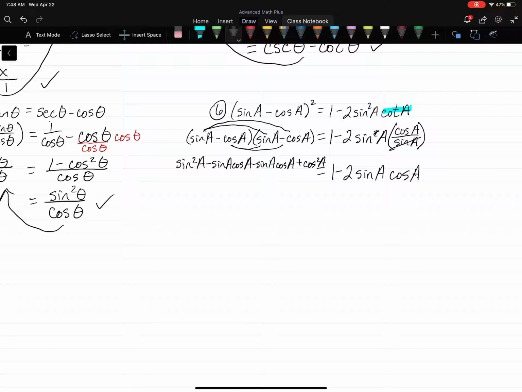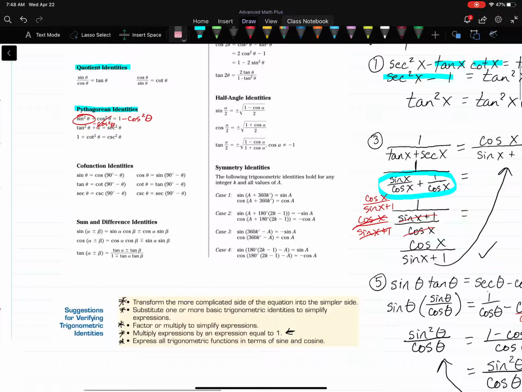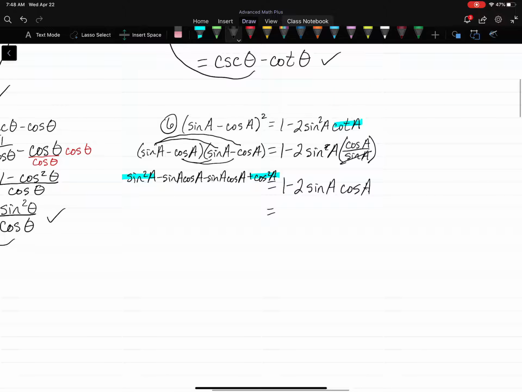All right. So we are almost done. Sine squared a plus cosine squared a, again, Pythagorean identity, it's right here. Sine squared plus cosine squared equals 1. So all of that I've highlighted blue is equal to 1.